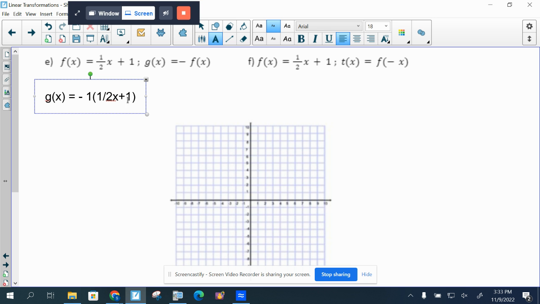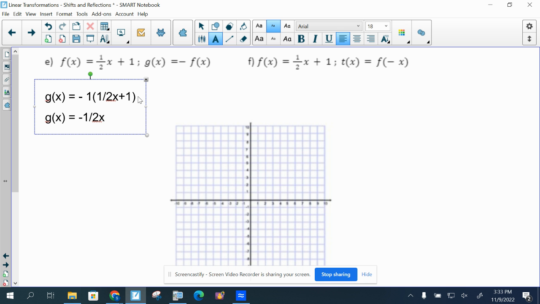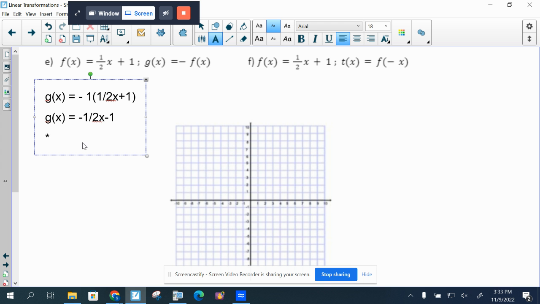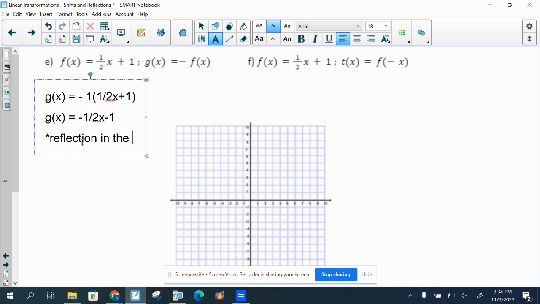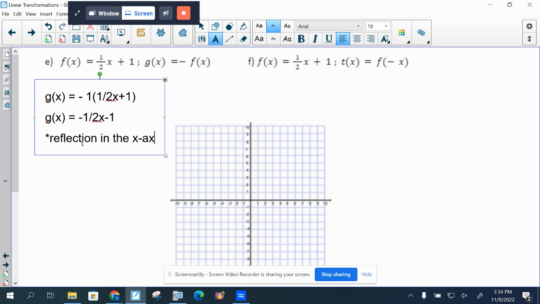So I do negative 1 times 1/2, which is negative 1/2 x, and then minus 1. For the description, you would write that it's a reflection in the x-axis because all the y values are being negative or being opposite sign.